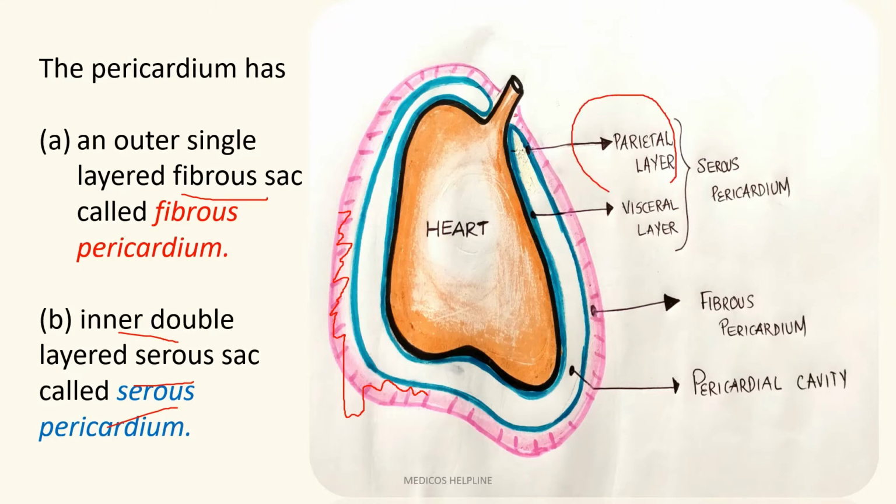One layer is the parietal layer, which is in contact with the fibrous pericardium. An innermost lining of the heart is called the visceral pericardium. The potential space between the visceral and the parietal pericardium is called the pericardial cavity.